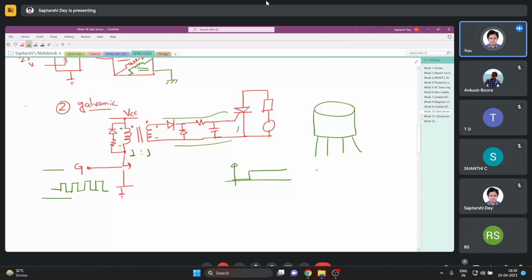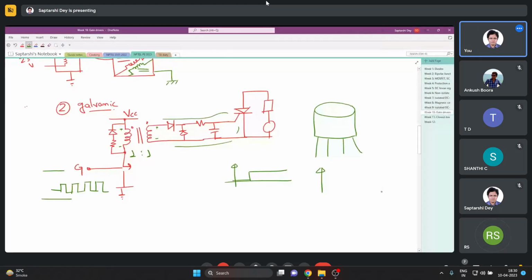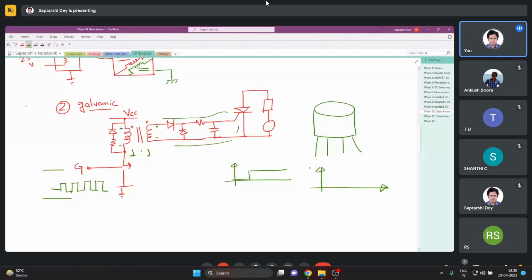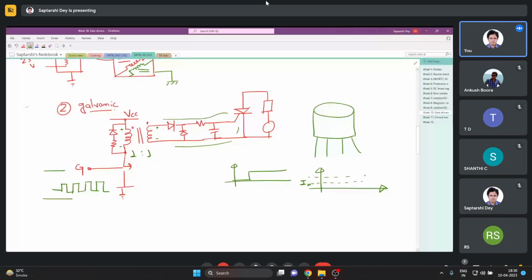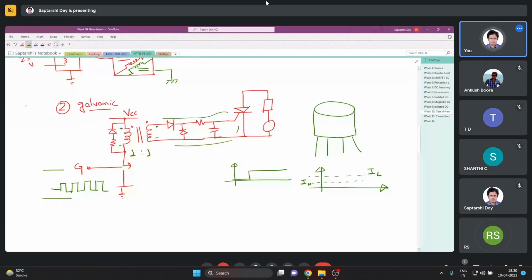That is because, say I have my holding current somewhere here and latching current somewhere here, when you turn on the thyristor, once the current goes above the latching current, even if you remove the gate pulse, the thyristor will remain turned on.